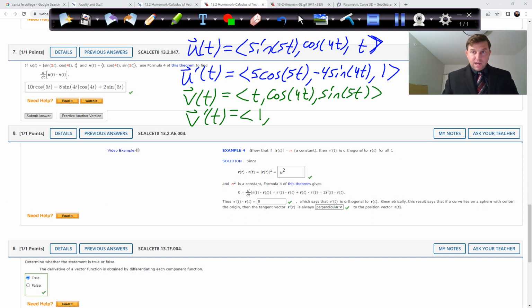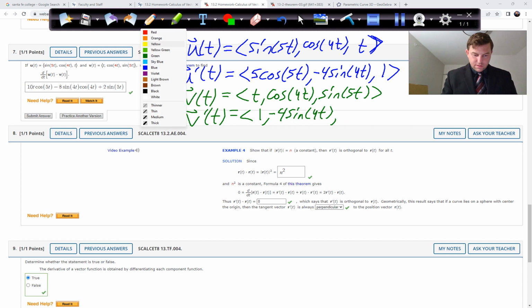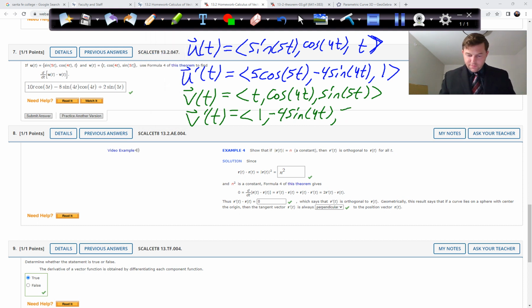Derivative of cosine is minus sine, but the 4 will come out front, so minus 4 sine of 4t. Derivative of sine is cosine, but this 5 will also come out front. Oops, I forgot it. 5 cosine 5t.